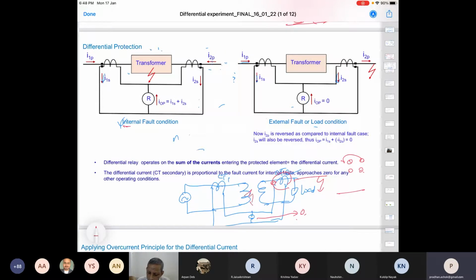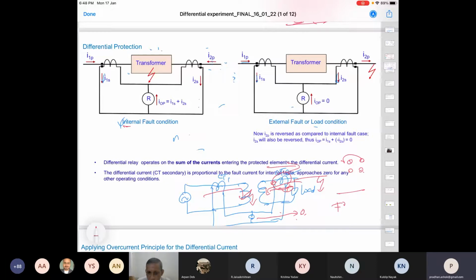Now if any internal fault happens, this current is substantially high, and this current will be negligible or small. Or if there is a source on this side, this current will also reverse. So in this case, there is a reversal of current for the internal fault. Could you follow now?